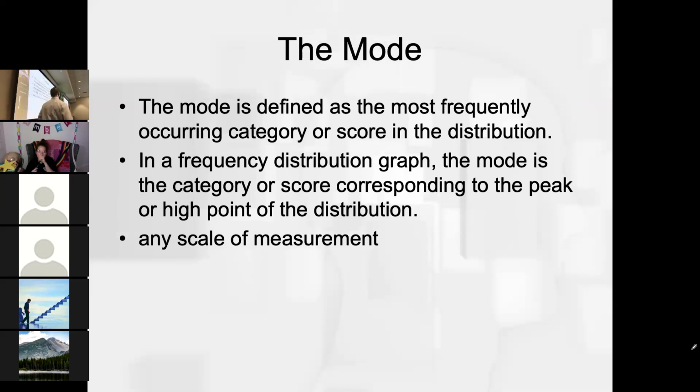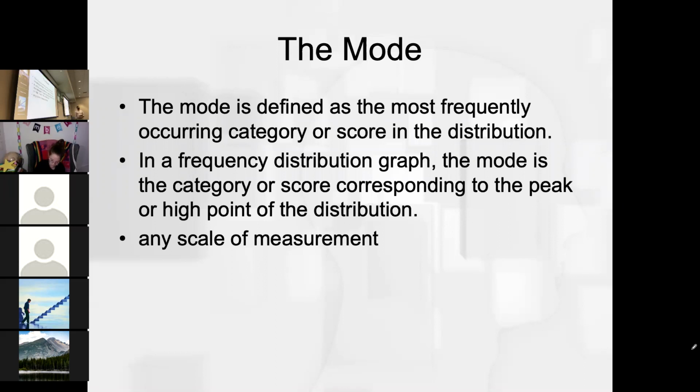The final measure of central tendency that we're going to talk about is the mode. And the mode is just the most frequently or commonly occurring category or score, or even anything on the continuous scale in that distribution.